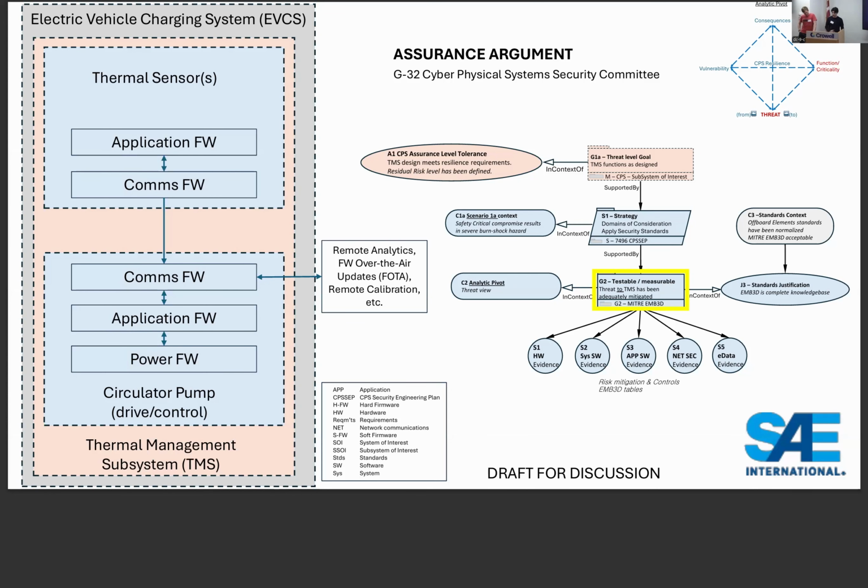Another live example of this is SAE. SAE is actually using embed. I have to say this is a draft, and whatever process ends up being made by them will not look like this. But what's important here is that yellow box in the middle. SAE in this case was looking at thermal sensors in EV chargers, and they have concerns over thermal management systems being used properly or being attacked.